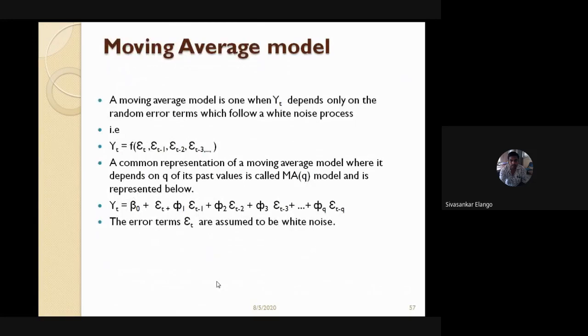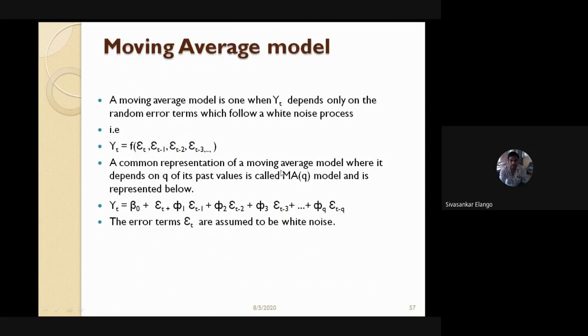A moving average model is one where yt depends only on the random error terms, which follow a white noise process. So instead of yt minus 1, we have epsilon t. So yt is going to be a function of epsilon t minus 1, epsilon t minus 2, and epsilon t minus 3, a function of all the error values.